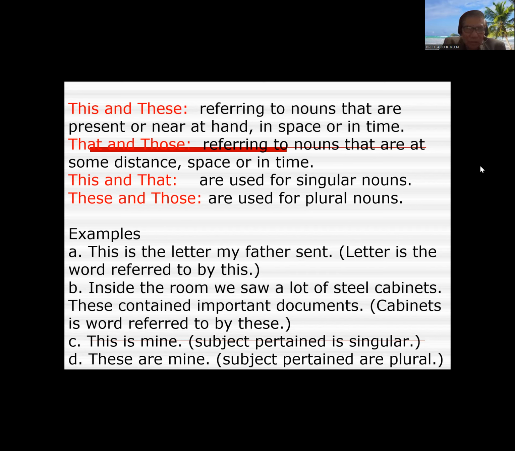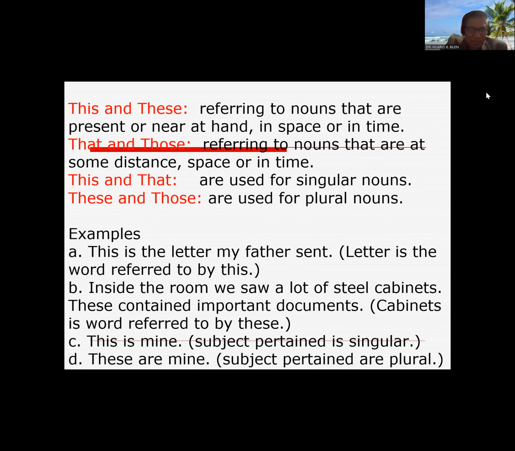That and those: referring to nouns that are some distance away, in space or in time. Very far, while the other one is very near. This and that are used for singular nouns, while these and those are used for plural nouns.